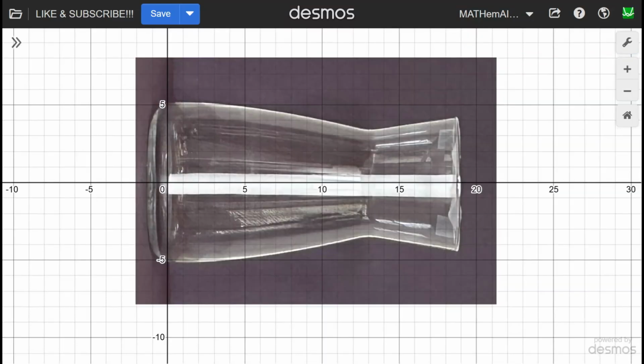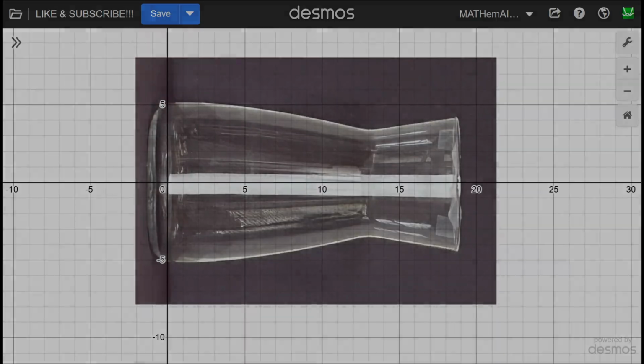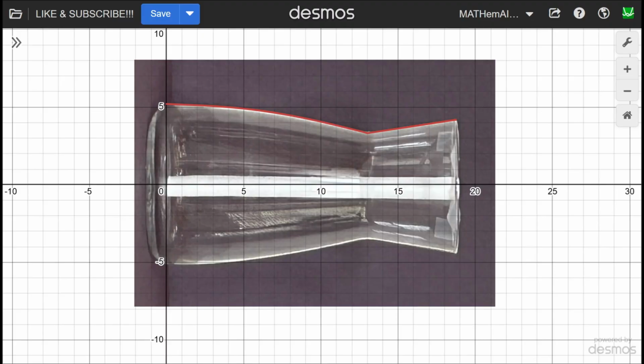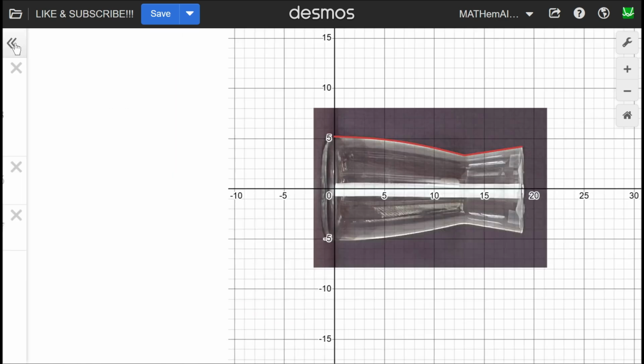The reason for doing this is since we don't know the vase's shape, we are going to outline its top half with functions. Okay, so after a lot of trial and error, I've determined some functions to fit the vase's top half. Since the vase has two distinct curves, one that's curved downwards and one that is straight going upwards, I've decided to come up with two equations, one to describe each part.